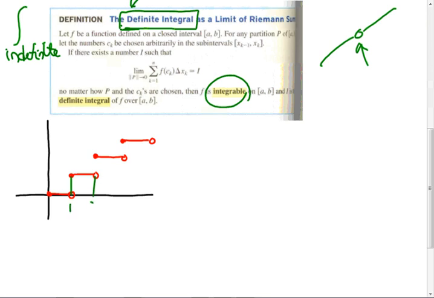This is 1, 2, 3, 4. You've played this game many times, right? And this has an area of what? 1. And this will have an area of 1 and 1. That's how hard this is. Yes. 1, 1, and 1. What's the area? 3.